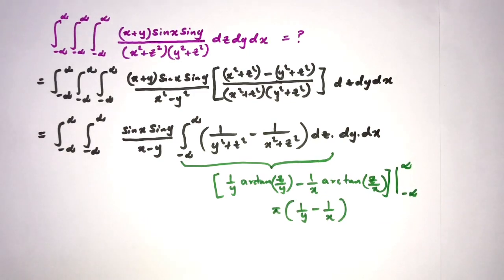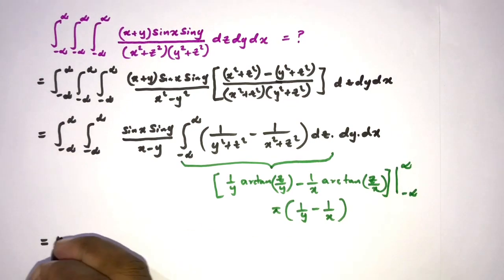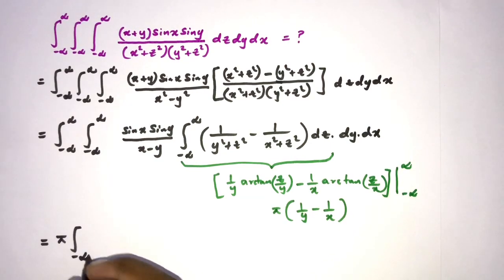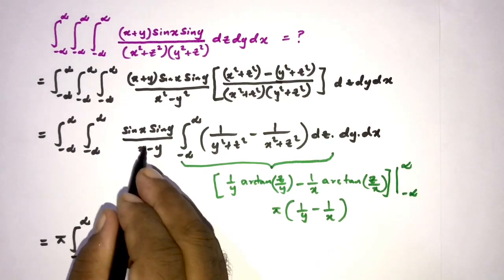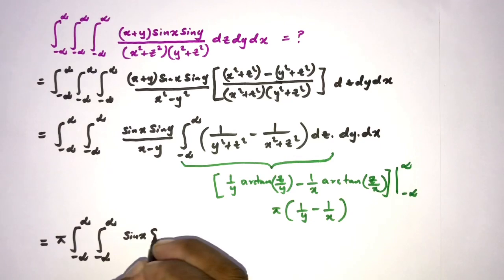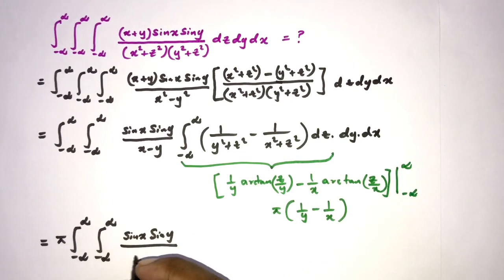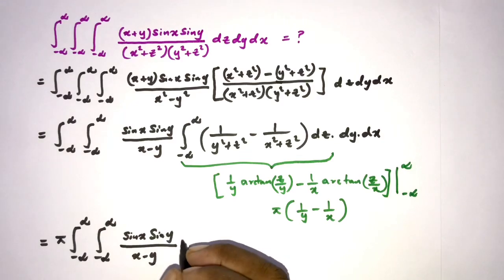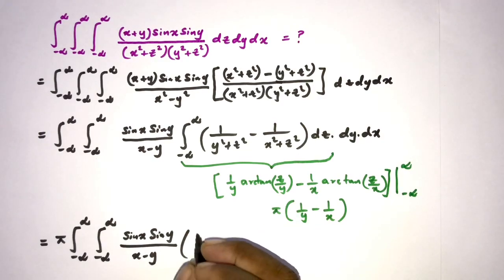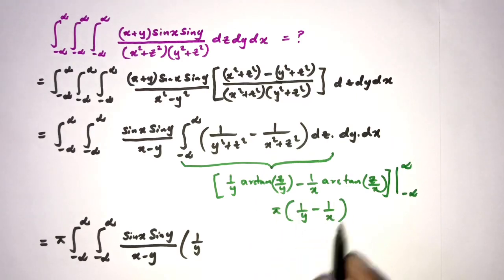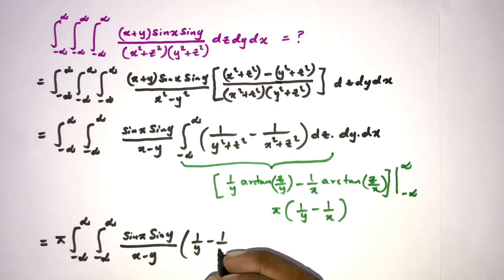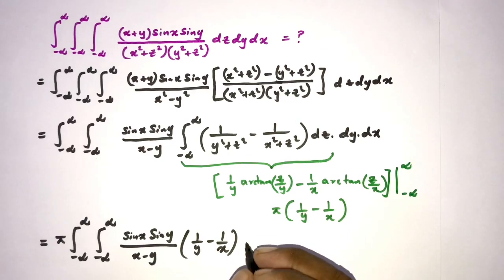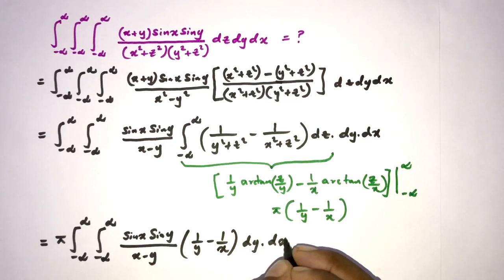Okay, then we can write our integral is equal to, now here pi is a constant, so we can write it outside of the integral sign, so pi, now minus infinity to infinity, again minus infinity to infinity, sine of x sine of y over x minus y times 1 over y minus 1 over x, dy dx.